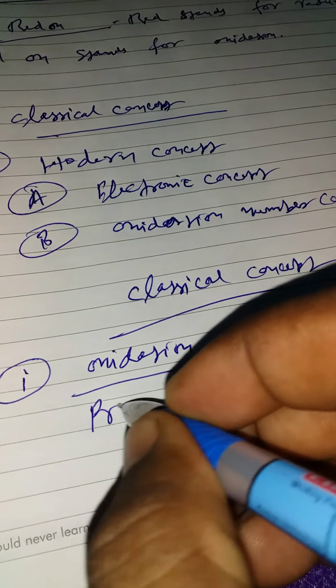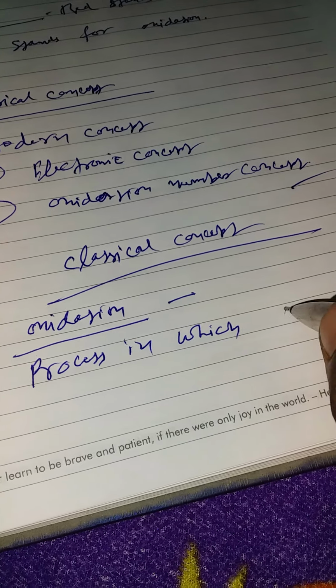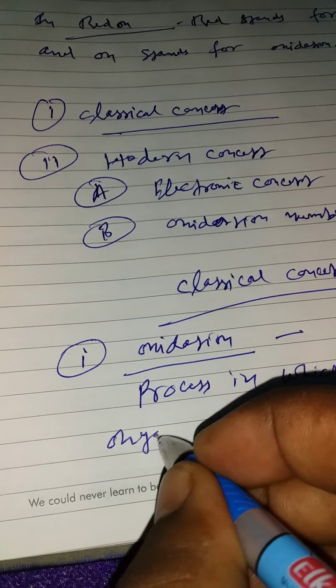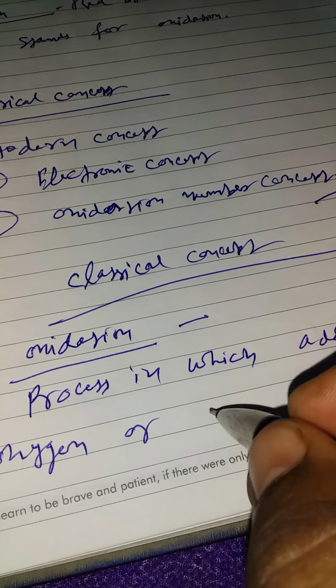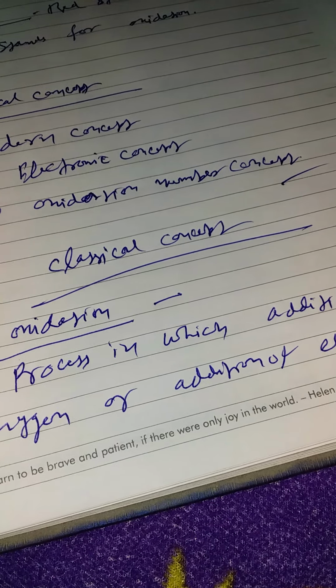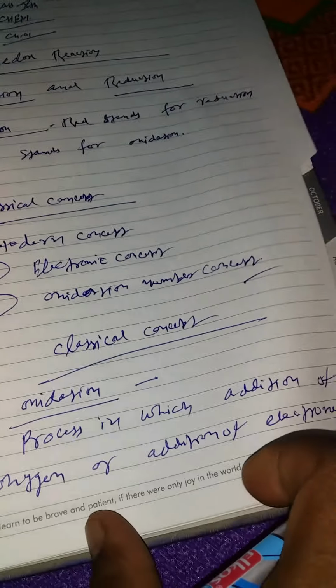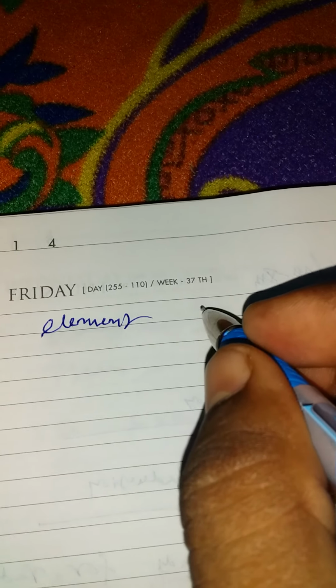Oxidation is a process in which addition of oxygen or addition of electronegative element to a compound or element.